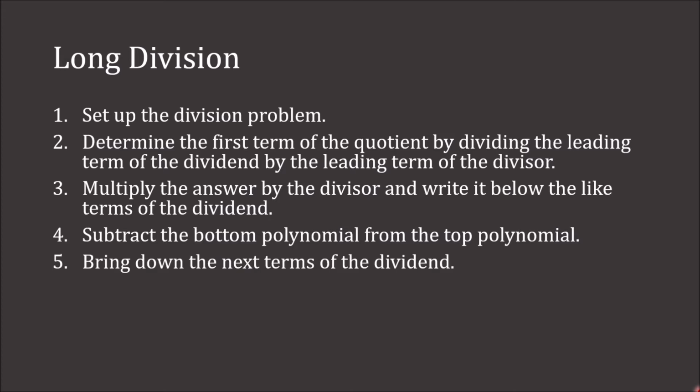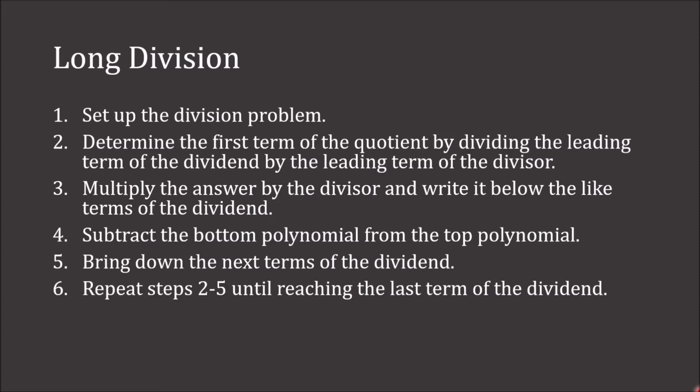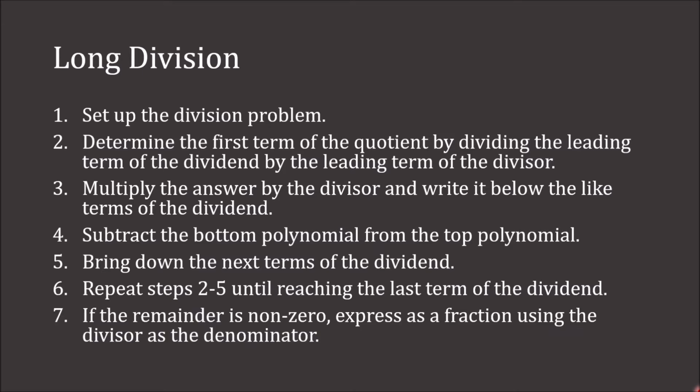Bring down the next terms of the dividend, and repeat steps 2 through 5 until reaching the last term of the dividend. If the remainder is non-zero, express it as a fraction using the divisor as the denominator. And we're going to go ahead and see these steps in action in the next few examples.